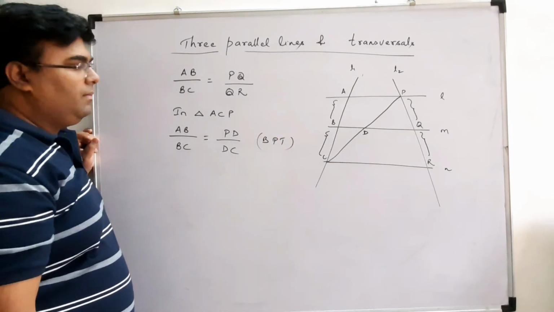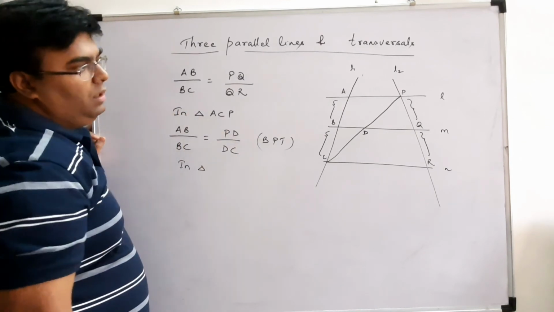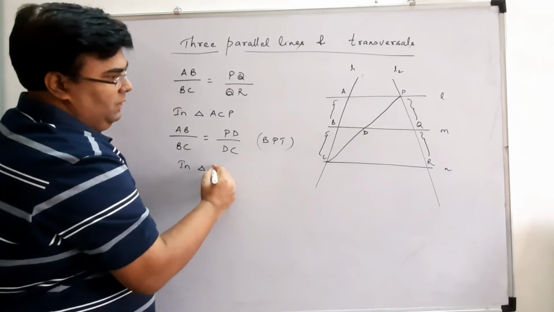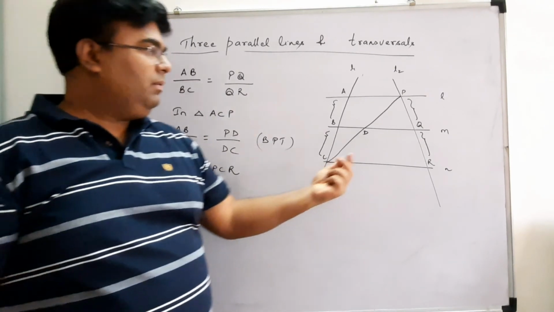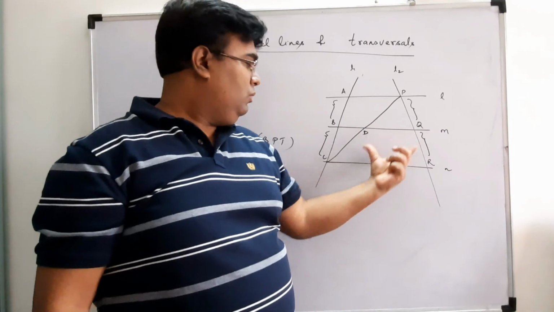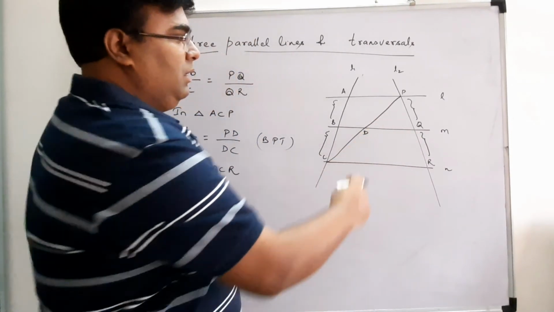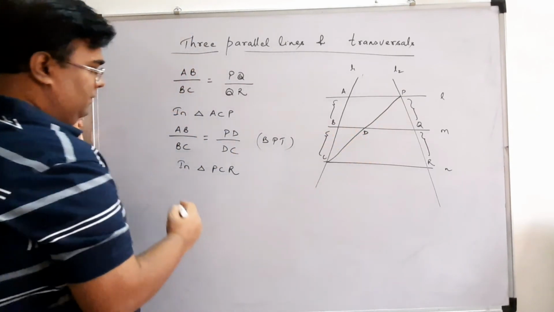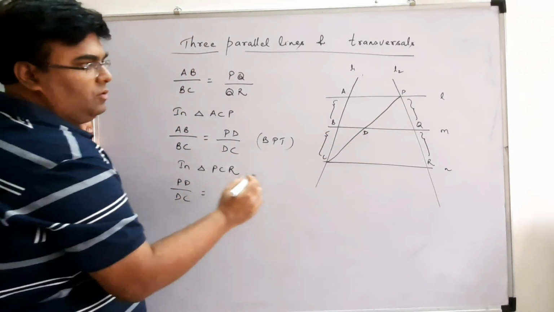You can write BPT as the logic. Now in triangle PCR, same logic we can apply. Since DQ is parallel to CR, we can say that PD upon DC is equal to what?